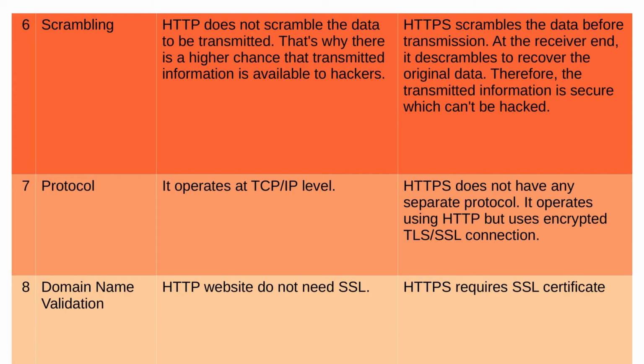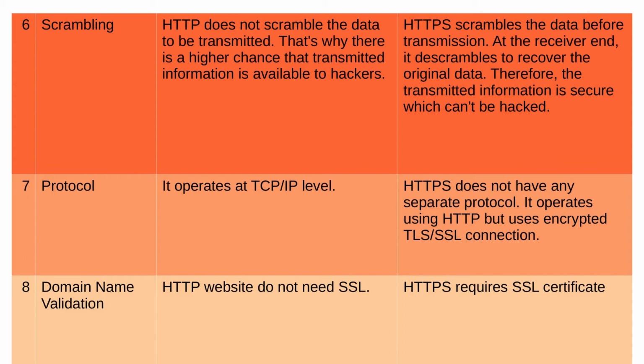Number 7. HTTP operates at the TCP or IP level. HTTPS does not have any separate protocol. It operates using HTTP but uses an encrypted TLS or SSL connection. Number 8. HTTP websites do not need SSL.